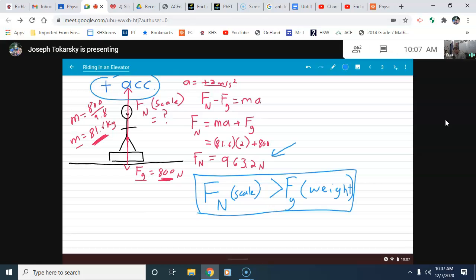So we would refer to this new weight that is not equal to our real weight of 800 anymore, our apparent weight. That was one of our vocab terms a while ago that we're focusing on now. Because apparently you feel heavier.